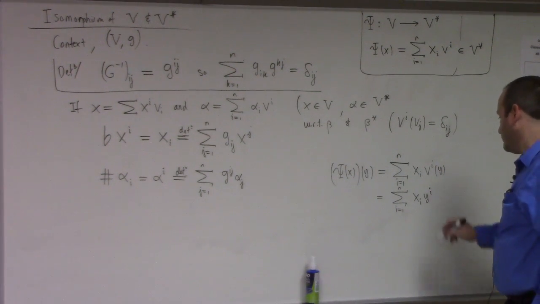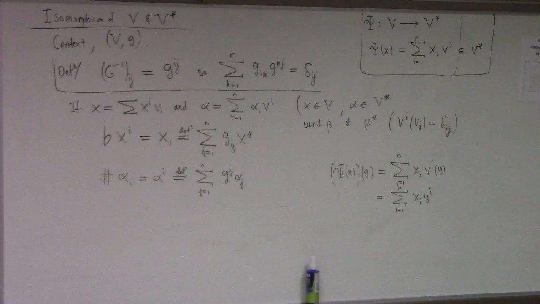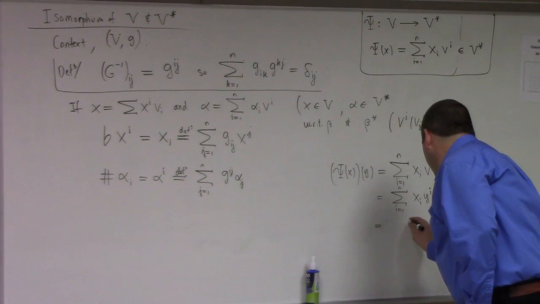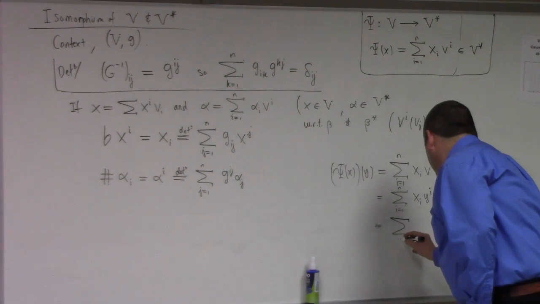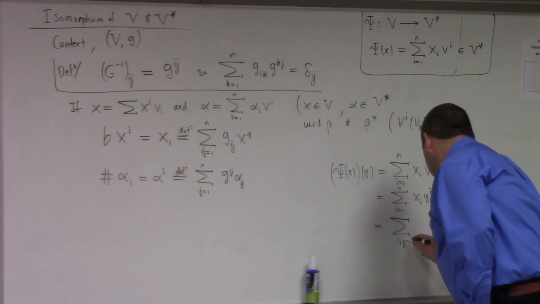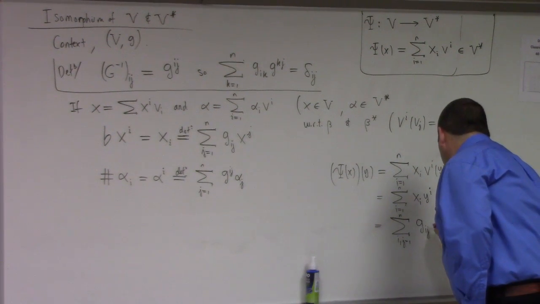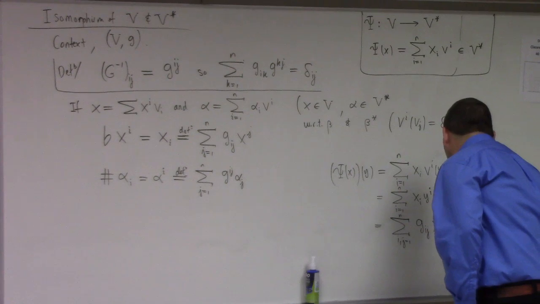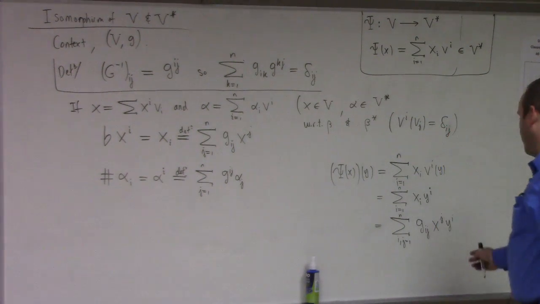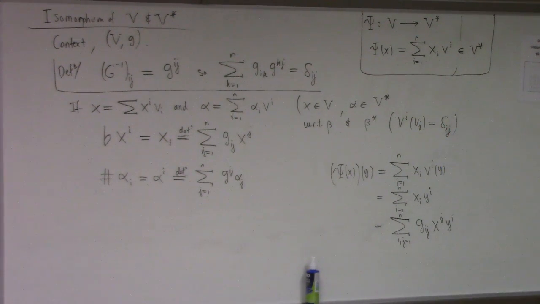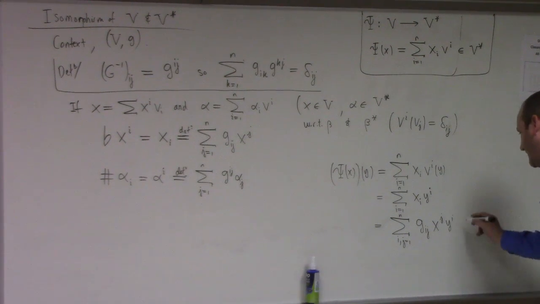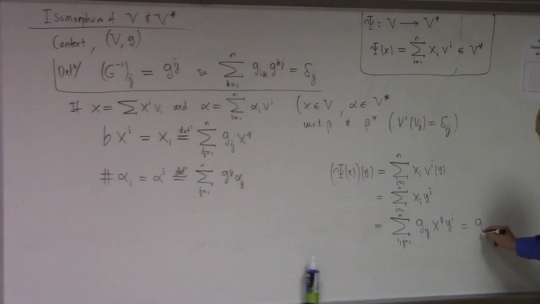But let's put in the details. What is x lower i in terms of the metric? This is the sum over i and j of g ij, x upper j, y upper i. Now these are just numbers, so I can switch their orders around. This is g of what?